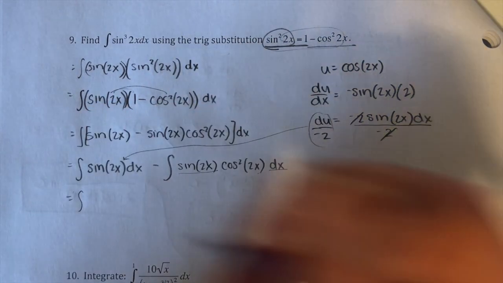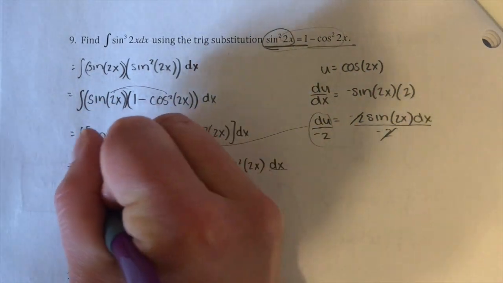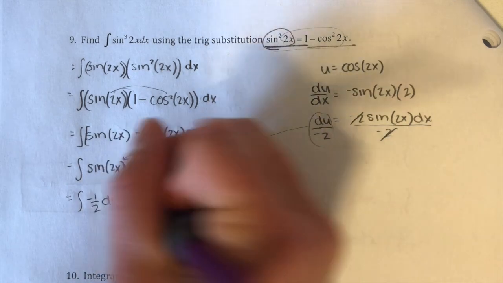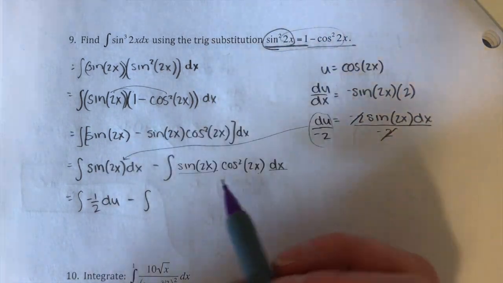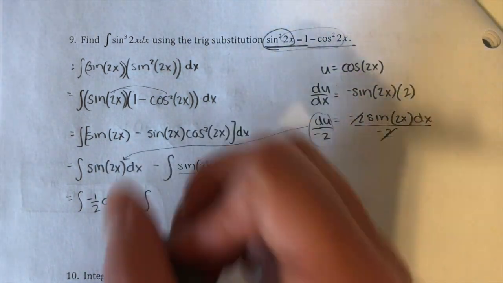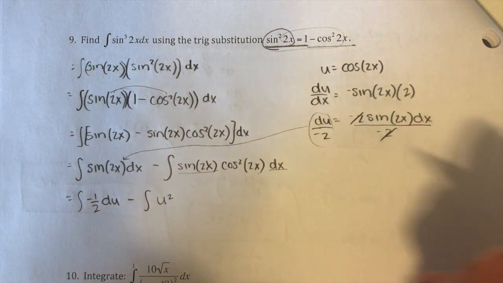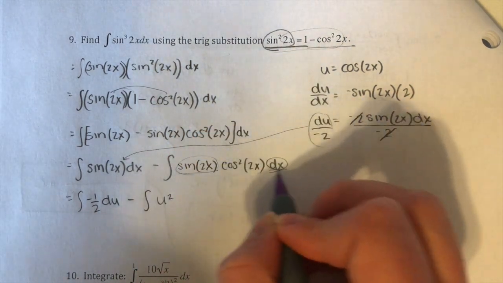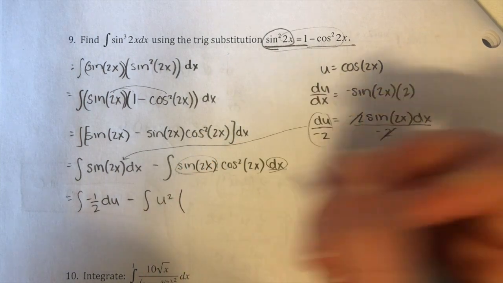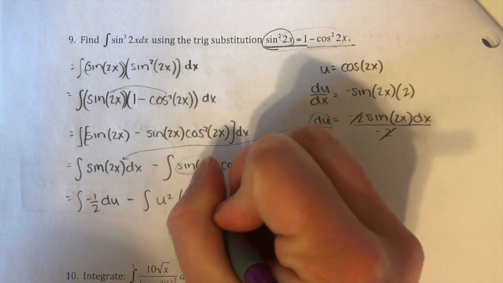So we're going to have the integral of, I'm going to write it as negative 1/2 du minus the integral cos squared x, that's u squared. And then the rest of it is negative 1/2 du.